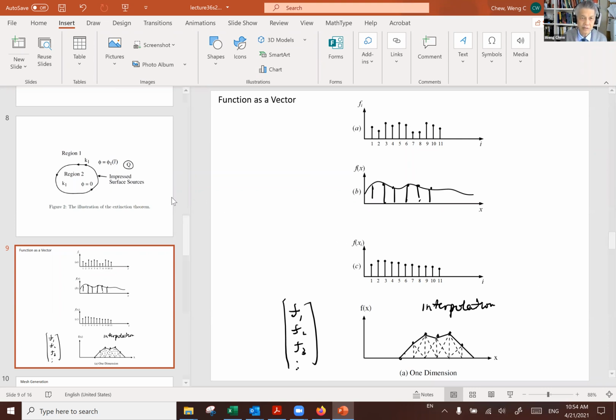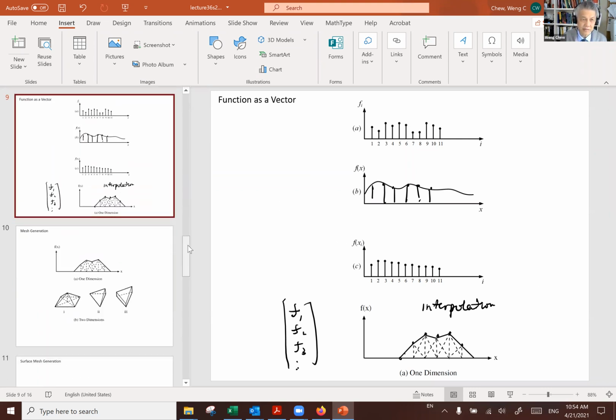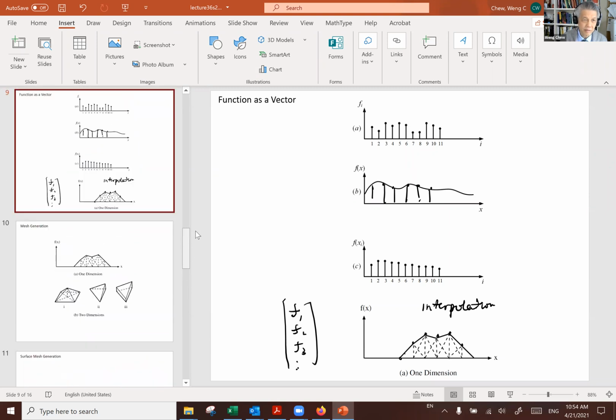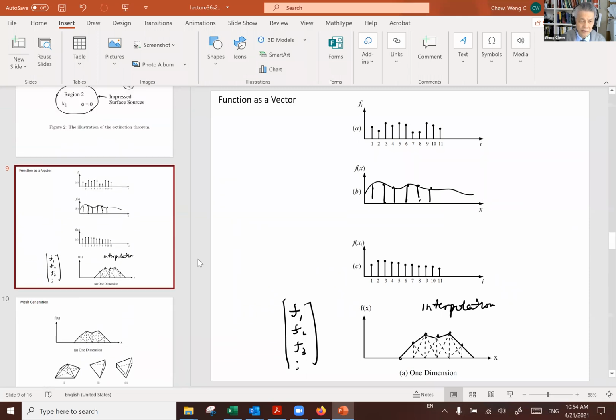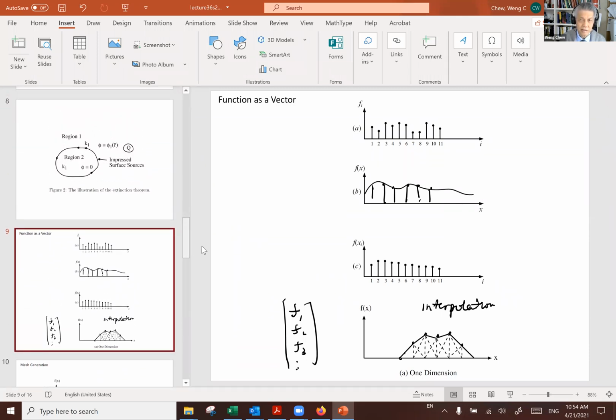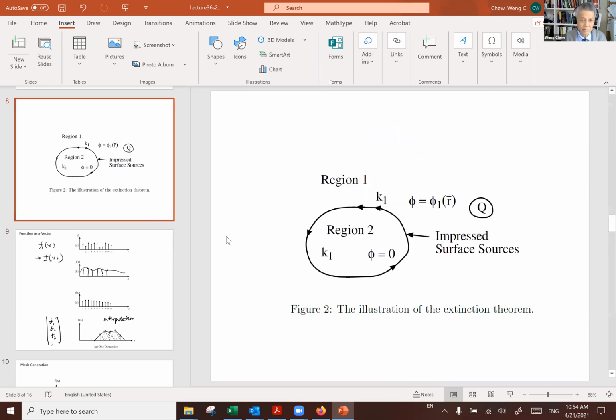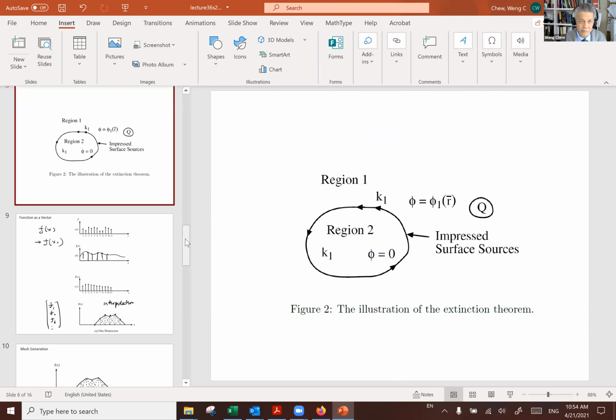And what we then need to do next is, you can extrapolate this concept to 2 and 3 dimensions. Okay, so instead of thinking of a function f of x as a vector, you can also extrapolate this idea to 2 dimensions.